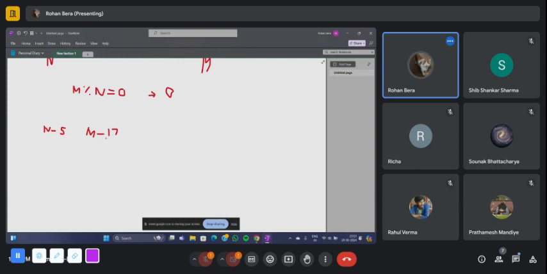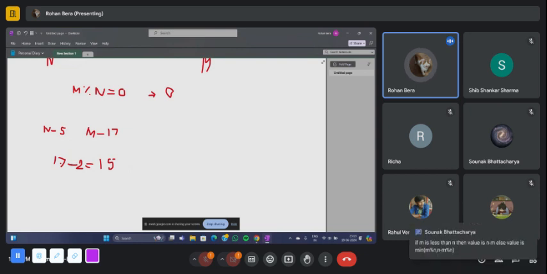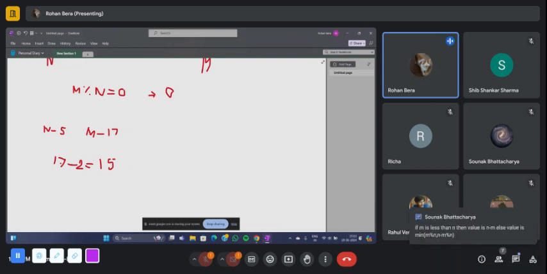Suppose there are 17 cookies. How many do I need to destroy so that I can distribute among five people? If I destroy two cookies, it would give me 15, and I can easily distribute these 15 cookies among five people, each having three cookies. The time taken to destroy these two cookies will be 2 seconds.